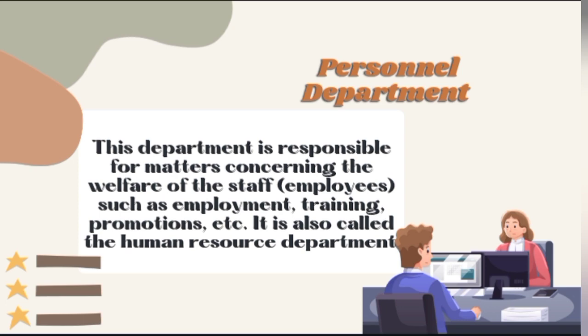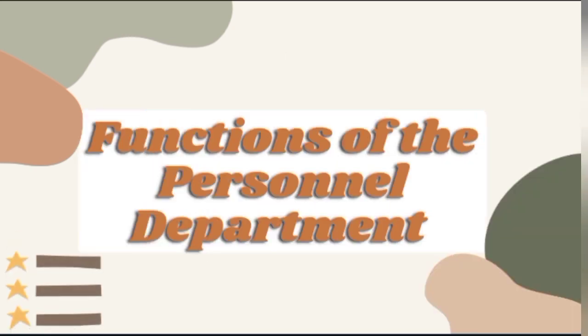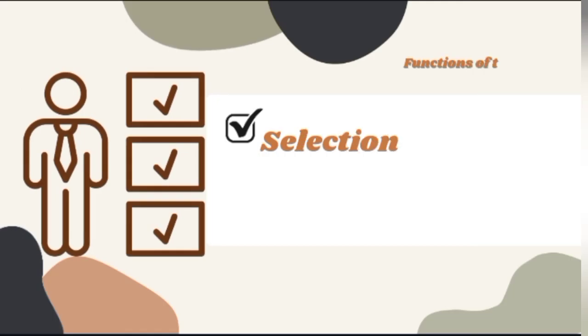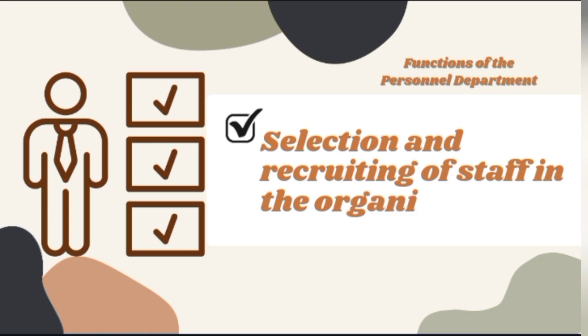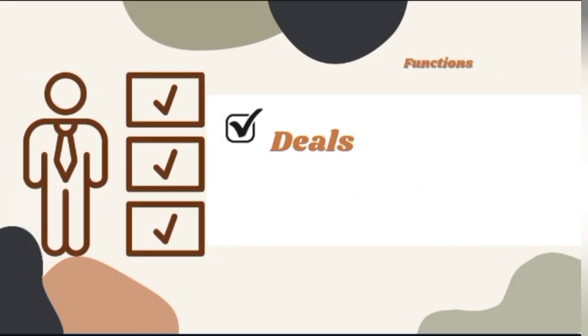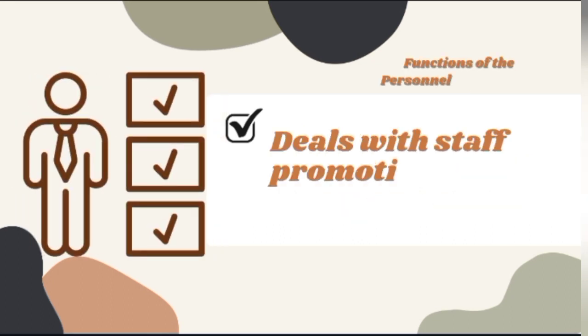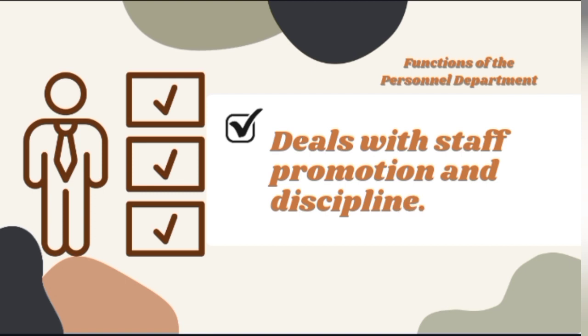Some of the functions of the personnel department in an organization include that number 1, they select and recruit staff into the organization. They are in charge of recruiting members or staff to the organization. And then number 2 is that they deal with staff promotion. They are in charge of promoting staff and also in charge of implementing discipline.